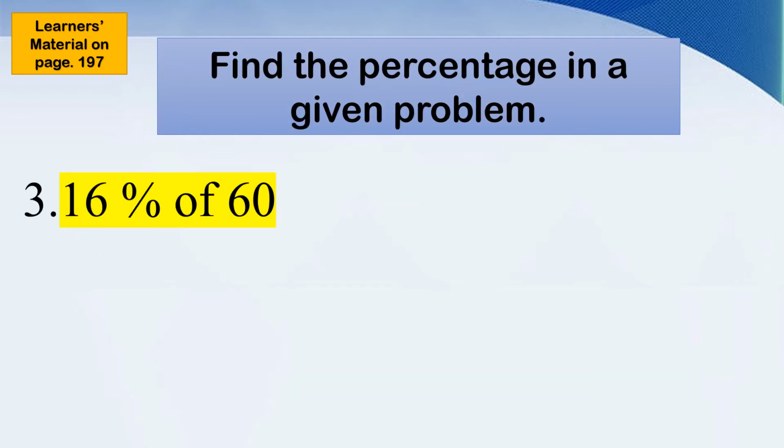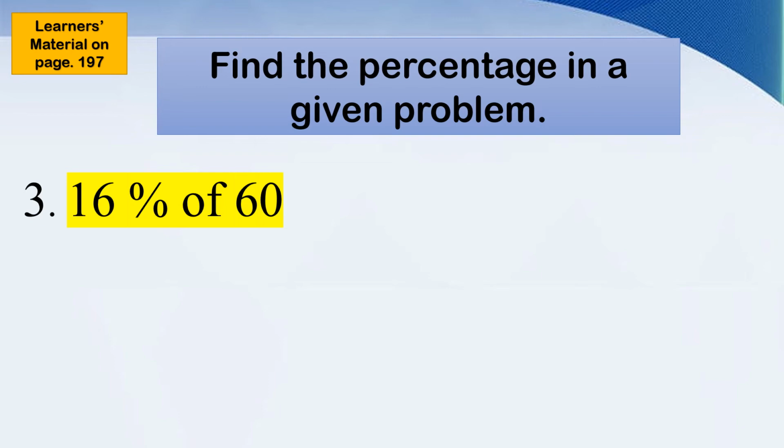Let's move on to item number 3. 16% of 60. Find the percentage in a given problem. First, let us change the given rate in decimal number. The given rate is 16%. Change it to decimal number.